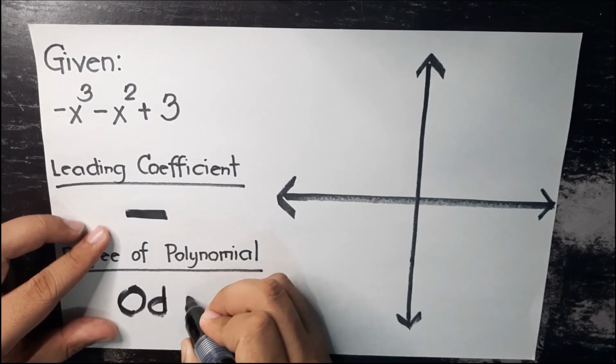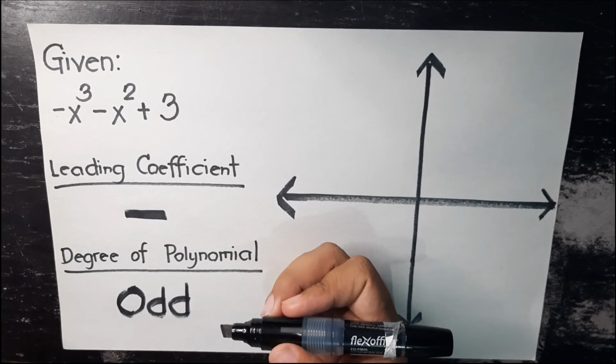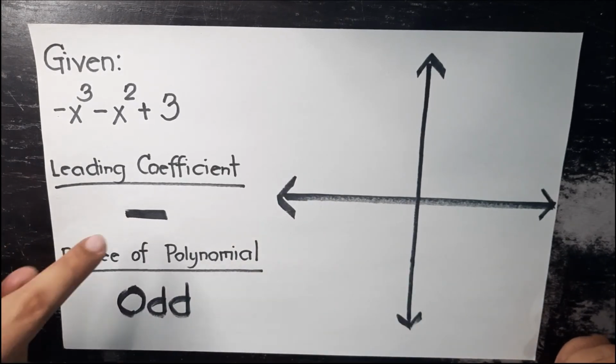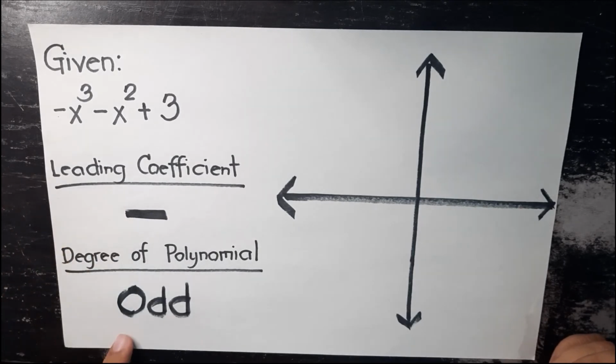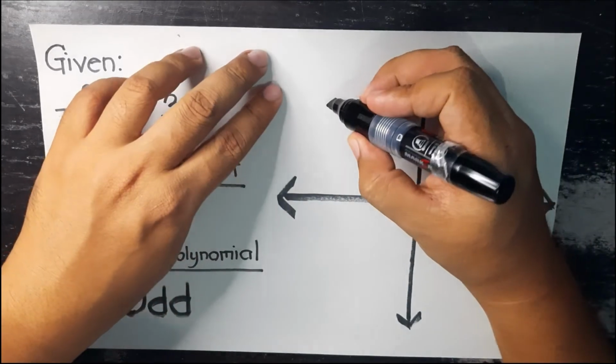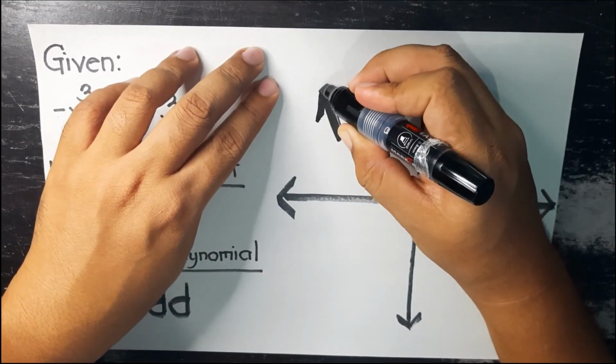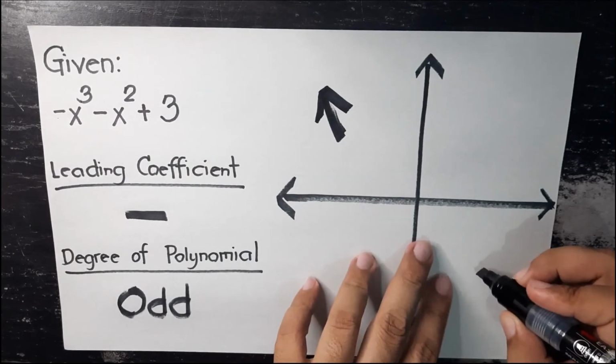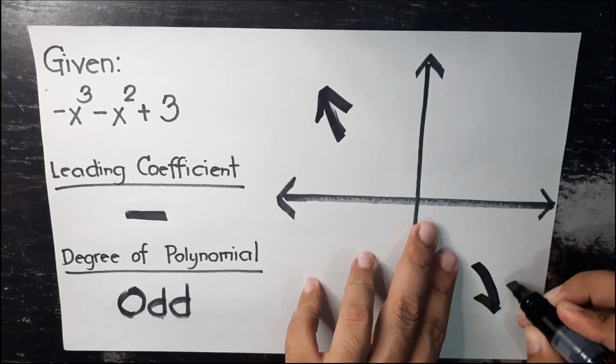So this time, the givens are different compared to the previous two examples. If it is a negative leading coefficient and an odd degree, the left hand is rising up and the right hand is falling down.